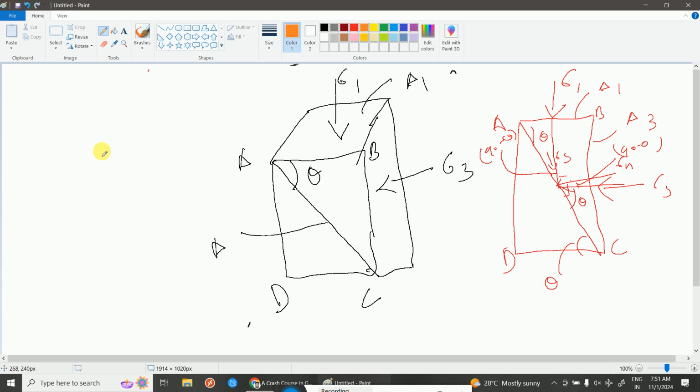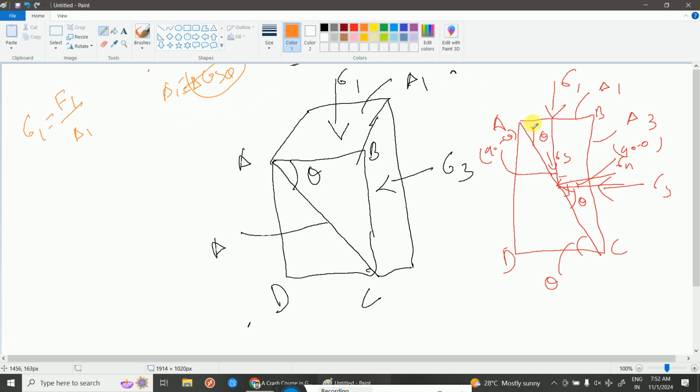Okay, now simply sigma 1 is equal to F1 by A1, because stress is nothing but force per unit area, so stress is force divided by area on plane 1. And A1 is equal to A cos theta.